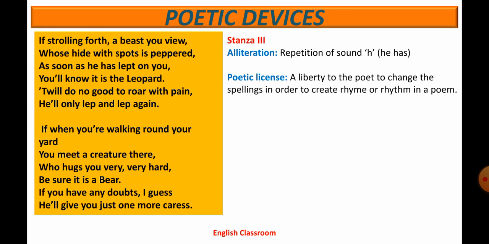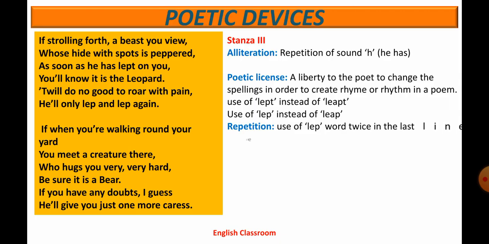So here you can find twill, lep and lept. So use of lept instead of leapt, use of lep instead of leap, and also use of twill instead of it will. And I forgot to say in the first stanza also there was dine. It was dying actually, but it used dine for the sake of rhyme only. It is also an example of poetic license.